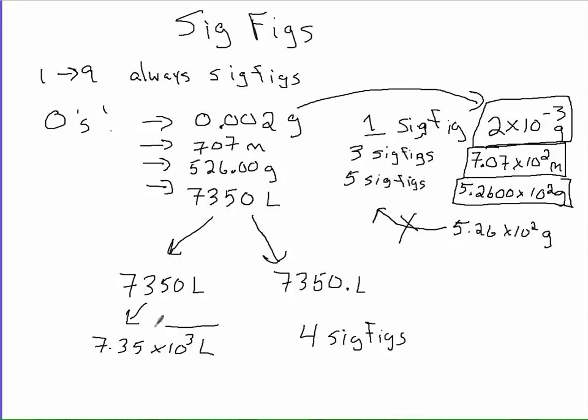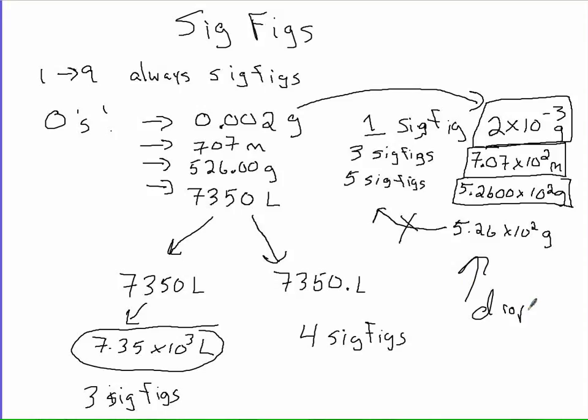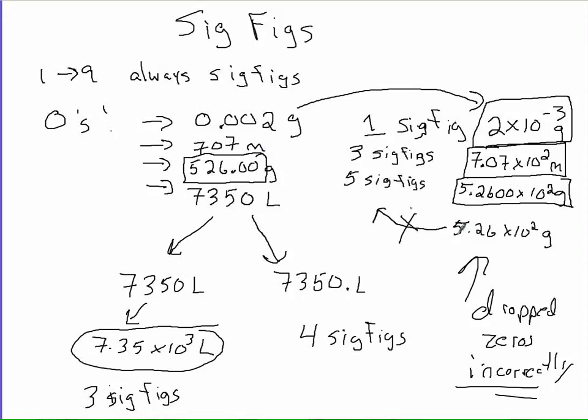Now contrast that answer right there, that it has only 3 significant figures, with what we did over here where we dropped zeros. So here we dropped the zeros, and that was incorrect, right? We dropped the zeros incorrectly because the zeros in this number right here should have been retained.